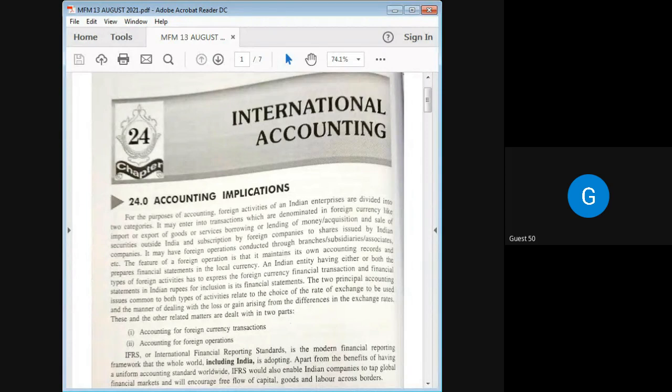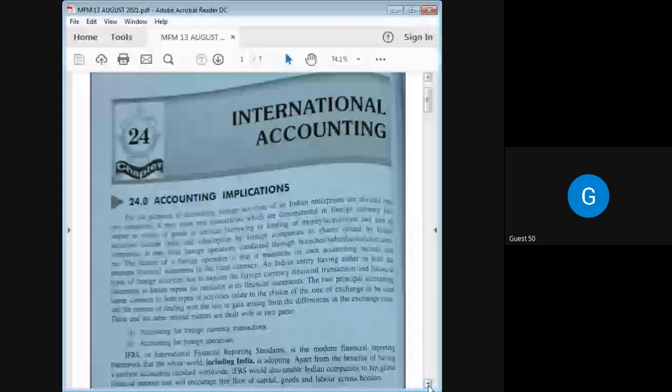Okay. In the Indian perspective, when we prepare accounts in India, then we follow the Indian accounting standard rules. But here, when we have international transactions, we need to know international accounting standards. So today's class is all about international accounting.